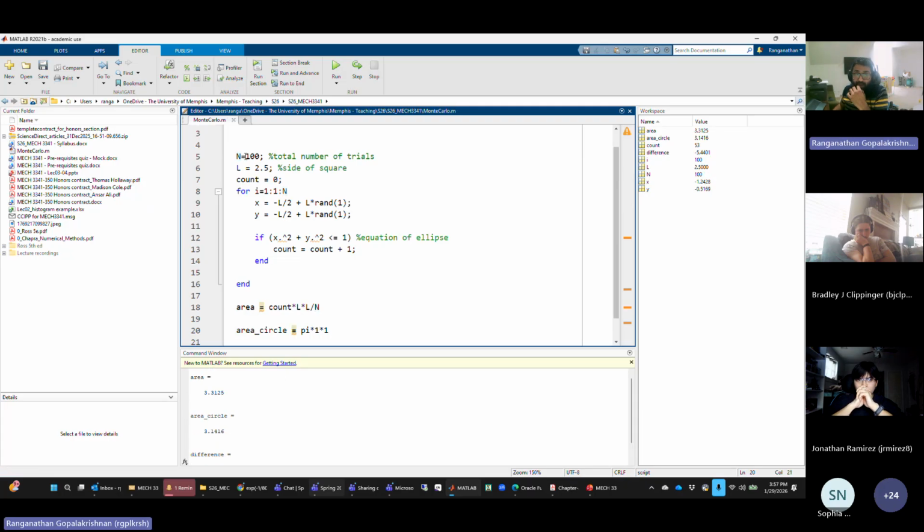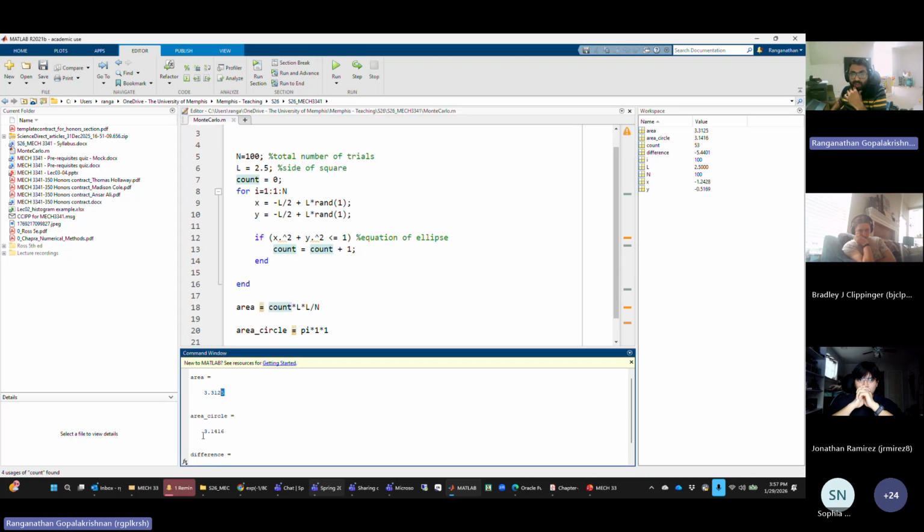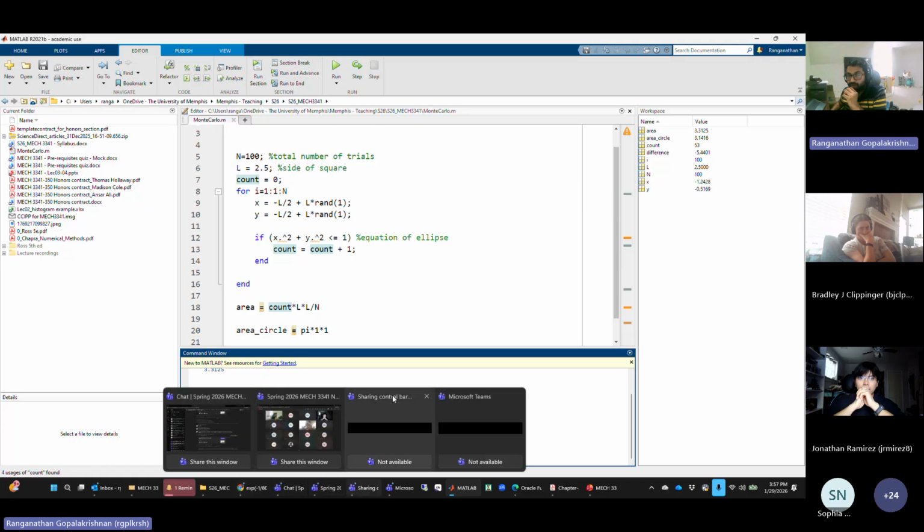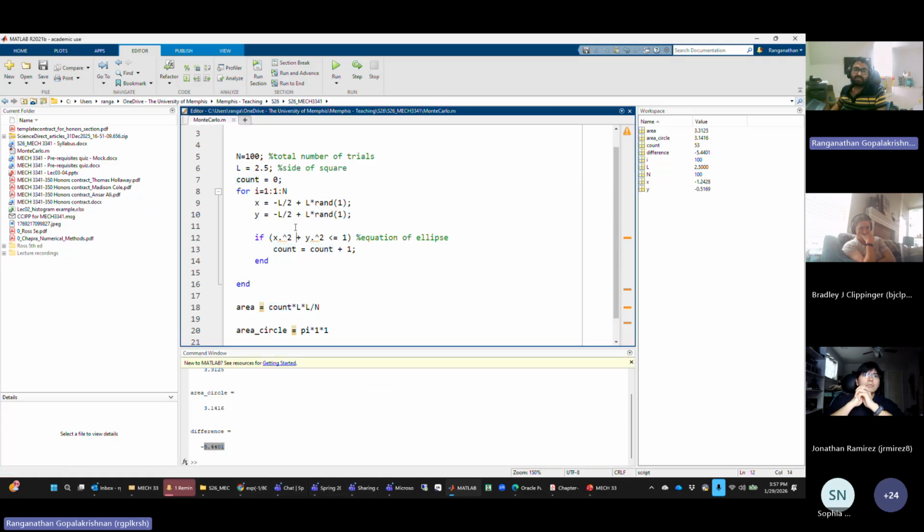based on 100 random trials, the area that I get from my Monte Carlo trial is 3.3125, whereas the true area of the circle is 3.1416. So the difference is about 5.4%. That is, I'm within 5.4% of the answer. If I increase the number of trials or data points, the statistical accuracy very quickly improves.